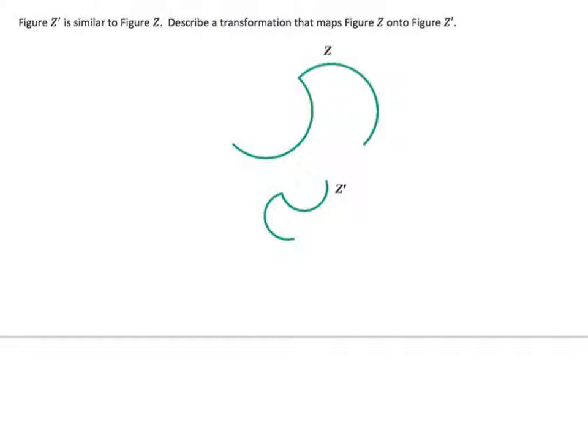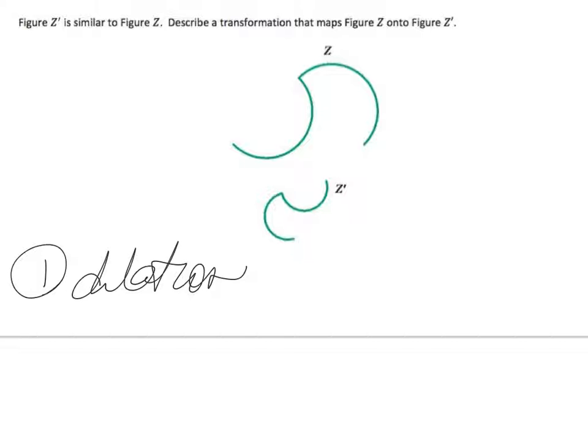Alright, so here's another example. We have figure Z prime similar to figure Z. Describe a transformation that maps figure Z onto Z prime. On the next page I'll show you the picture, but first I have a dilation, and it looks like I got smaller, so my scale factor is going to be less than 1.